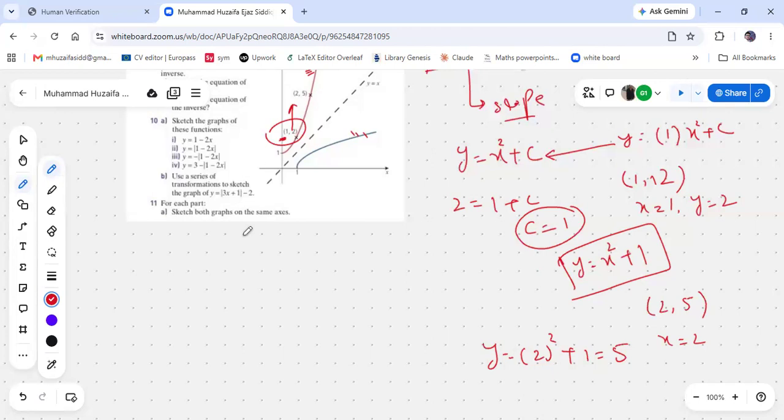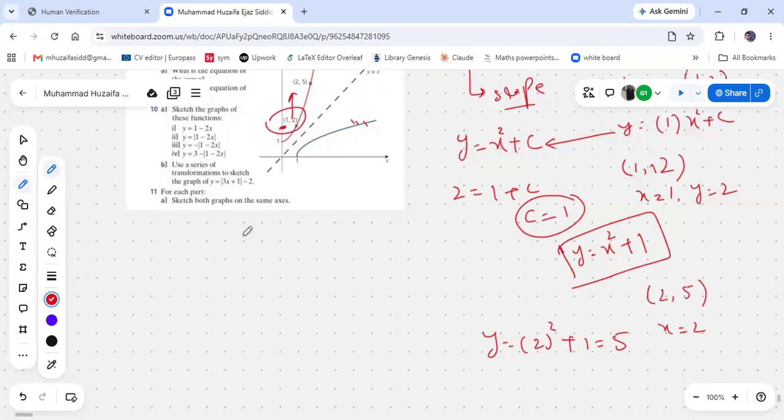After this, what is the equation of the inverse function? So y is equal to x square plus 1. There is nothing hard in finding the inverse. We already discussed it: y minus 1 is equal to x square, and you take the square root of both sides.